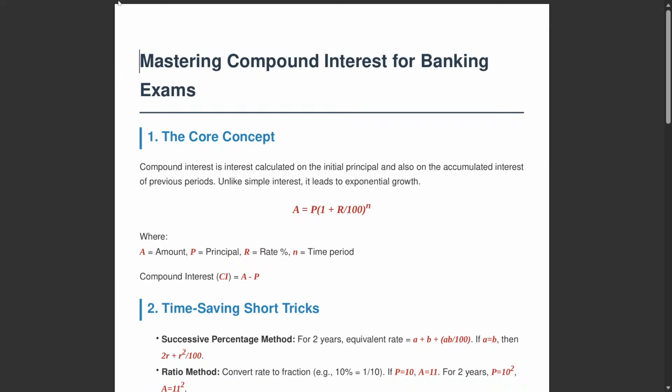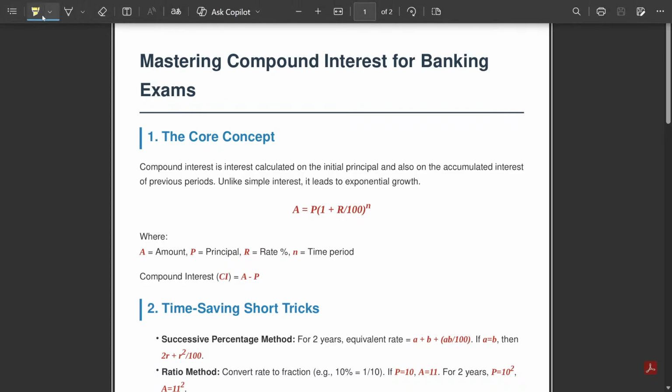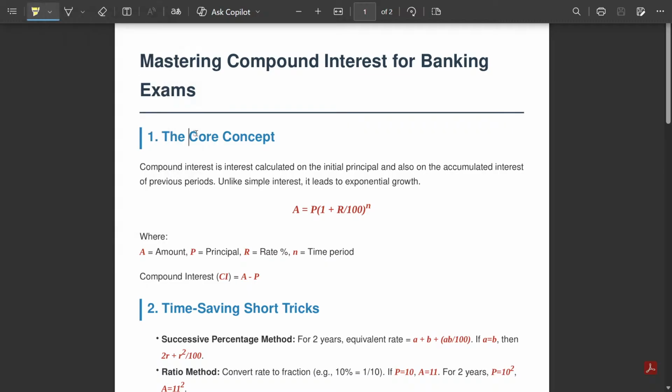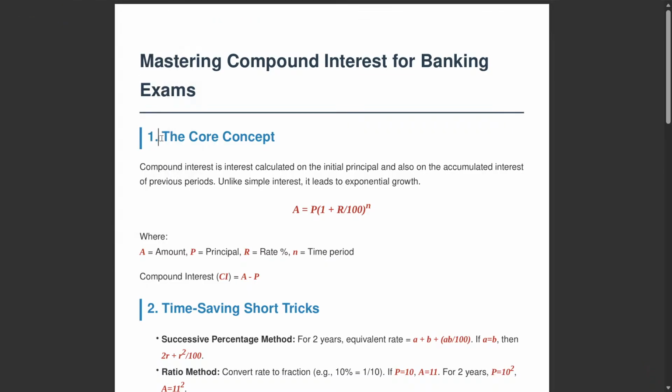What is the concept of compound interest? Okay, let me explain. Core concept: compound interest is the interest calculated on the initial principal and also the accumulated interest of previous periods. And unlike simple interest, it leads to exponential growth.